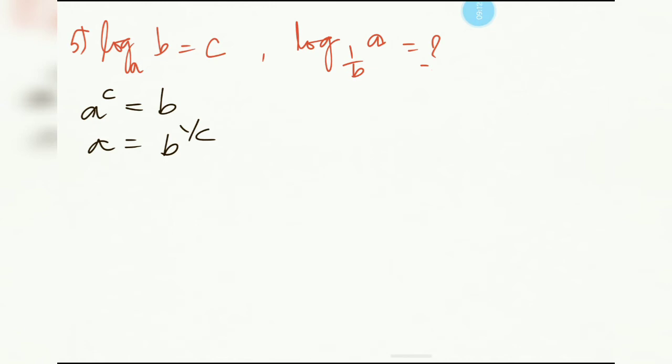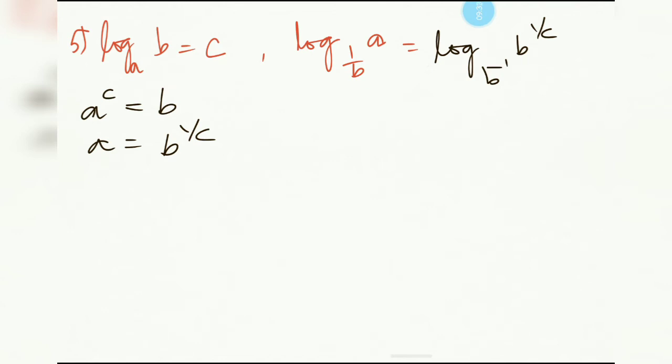What we have to find is log a to the base 1 by b. So a is b to the power 1 by c, and 1 by b can be written as b to the power minus 1. That is what I am going to use here, to the base b to the power minus 1.